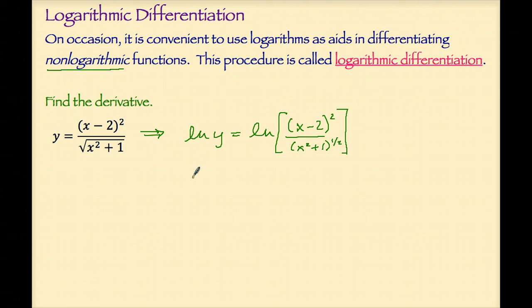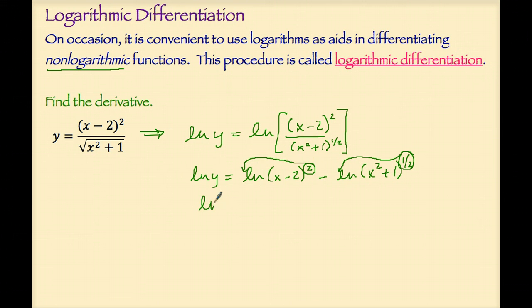So let's do a little bit of that simplification. Natural log of y then is going to be natural log of x minus 2 quantity squared minus natural log of x squared plus 1 to the 1/2 power. Using the exponent rule, I can bring these exponents around to become coefficients.